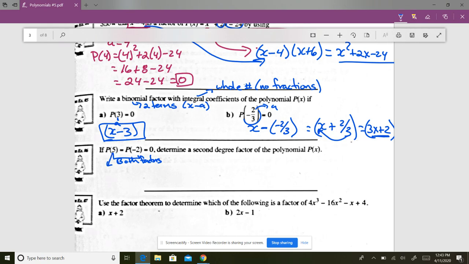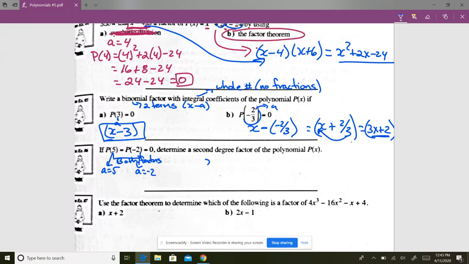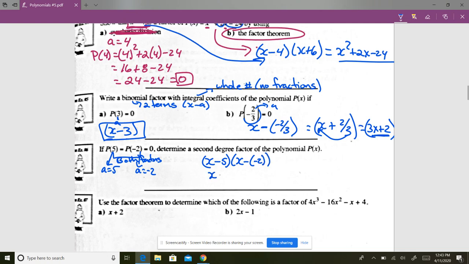Well, my a value here is 5. My a value here is negative 2. So it's going to give me x minus 5, x minus negative 2, x minus 5, and x plus 2. That's it.